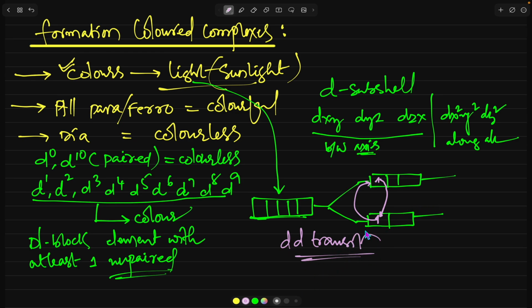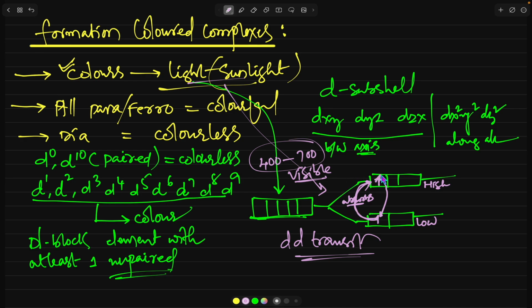transition. So the energy of this is lowest, energy of this is higher. When the electron jumps from lower energy to higher energy, it absorbs the energy which is supplied by the visible light of the spectrum, whose wavelength ranges from 400 to 700 nanometers. This visible light energy is enough to jump this electron from here to here.